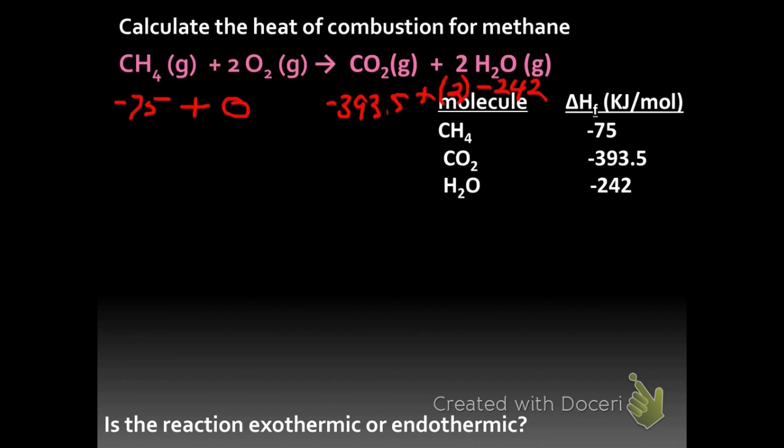Okay, so add these up. Negative 75 plus 0 is negative 75 for my reactant. My products are negative 242 times 2, and then add negative 393.5. Remember to actually put your negative values in, and it equals negative 877.5... Products minus reactants, products were 90.5 minus negative 75.